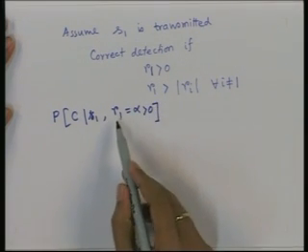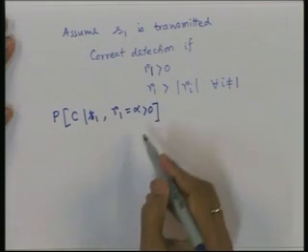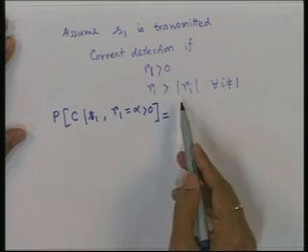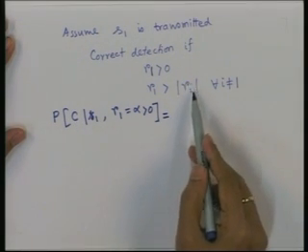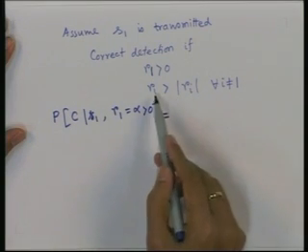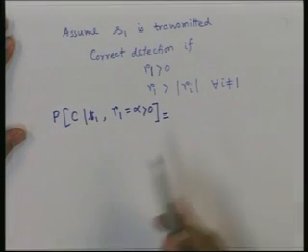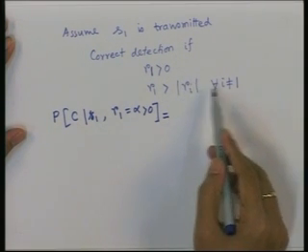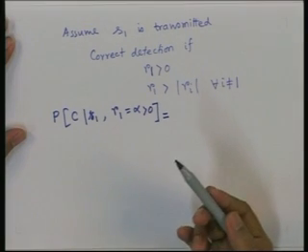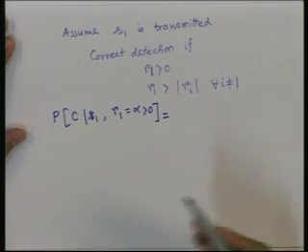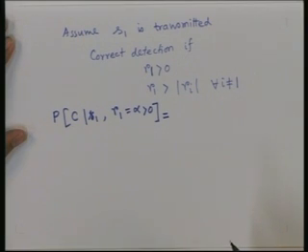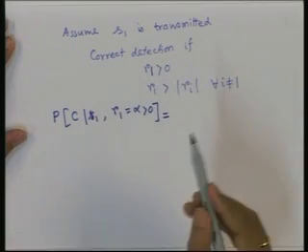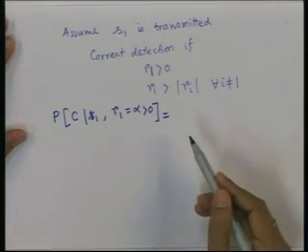So, suppose we know that R1 is equal to alpha and alpha is greater than 0, then what is the probability of correct detection? Probability of correct detection is the probability that all the other Ri's absolute values are less than R1. So, all the components Ri's where i is not equal to 1 are nothing but the noise values in those components, noise components, and those noise components are independent of each other.